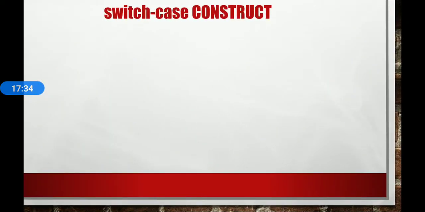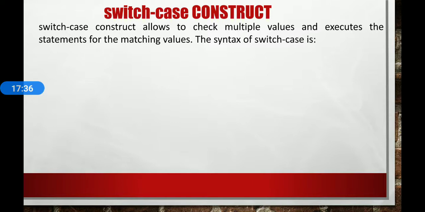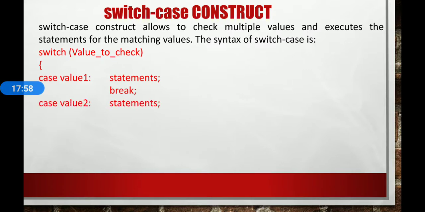Now let's see the switch case construct. The switch case construct allows us to check multiple values and execute the statement for the matching value. The syntax of switch case is: switch, then the value to check, then an opening curly bracket, then case value 1, then a statement if the case is satisfied, then break, then another case with its value and statement, then again break, and so on.